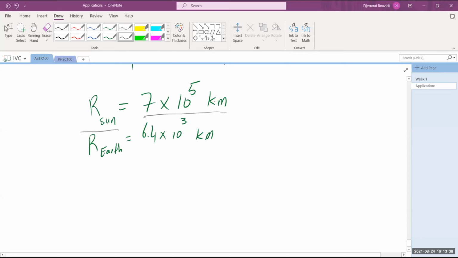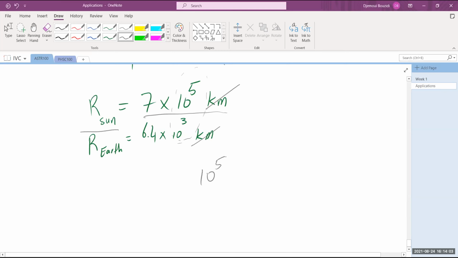We cannot compare apples to oranges, only apples to apples. Since both are in kilometers, I can cancel them. After the units, the next step is to deal with the powers. It's more important to focus on the power than these numbers first.